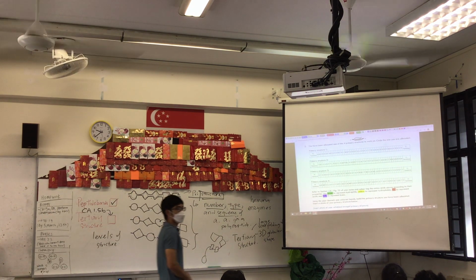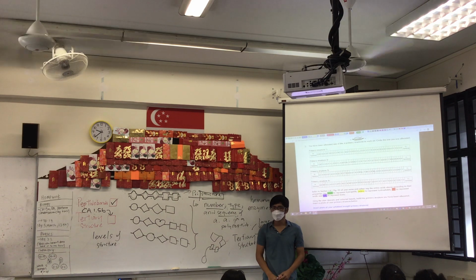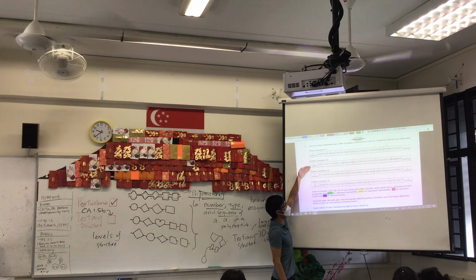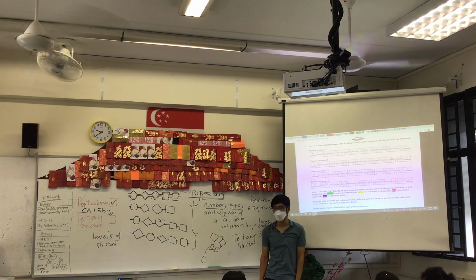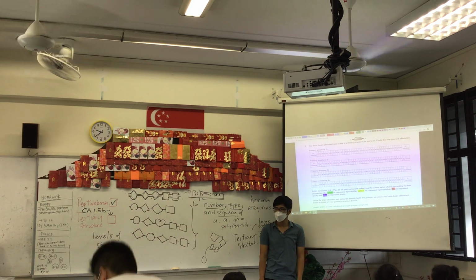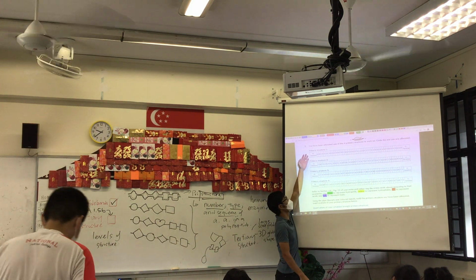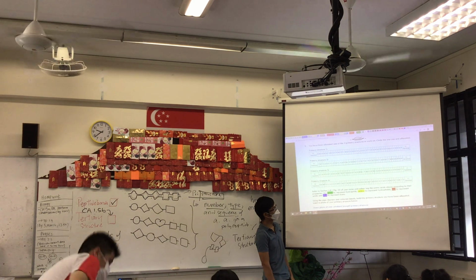Right now, I would like every group to choose one primary structure to work with today. Can you decide among your group which primary structure you want to play with today? 1, 2, 3, or 4?